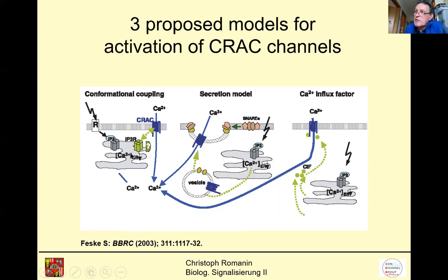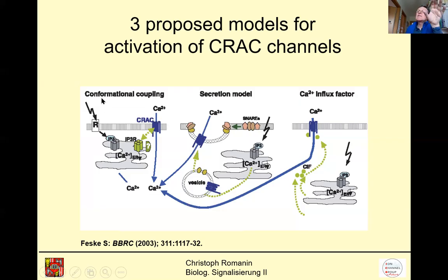The first you see here, because we already talked about the IP3 receptor, which releases calcium by binding IP3 and leads to a drop in the calcium concentration. At the beginning, there have been models that propose that maybe the IP3 receptor, because that gets activated, is the protein which in turn interacts or communicates with the CRAC channel in the plasma membrane and opens the channel, so you have a sustained calcium influx.